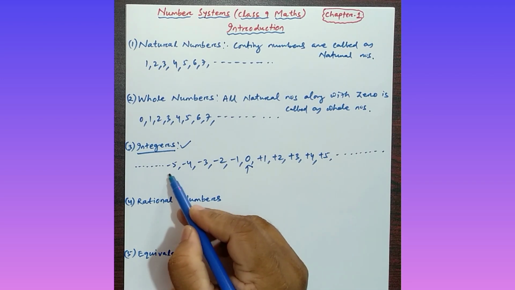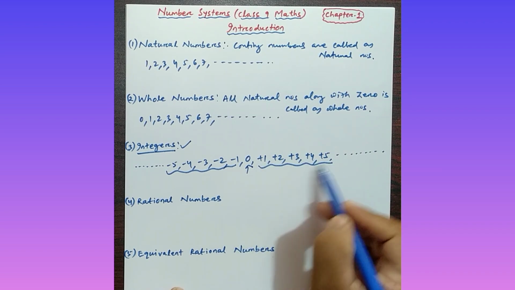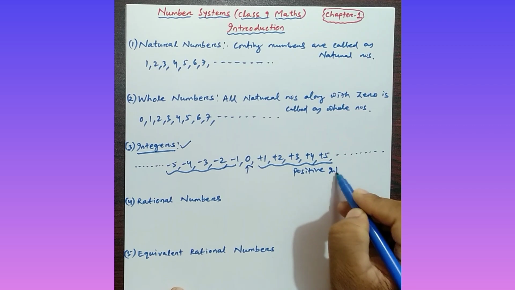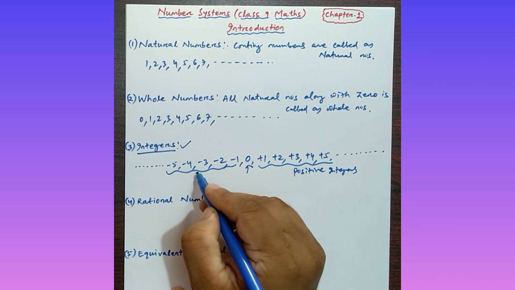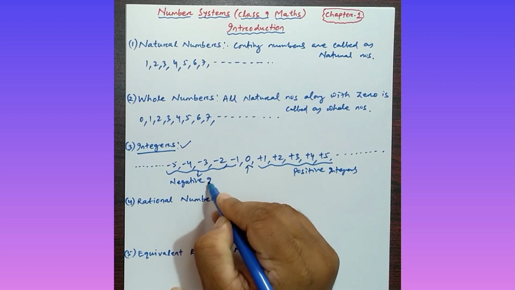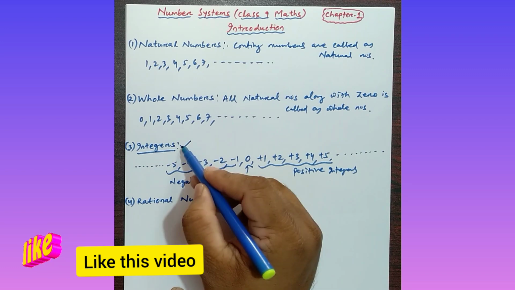These are called negative integers and these are called positive integers. Along with 0, the whole thing is called integers.